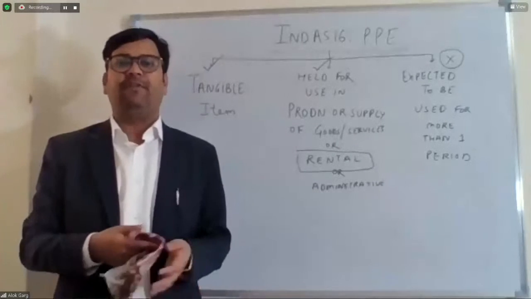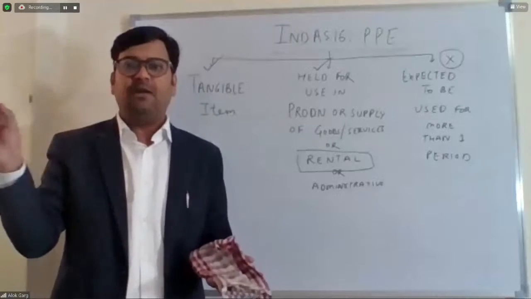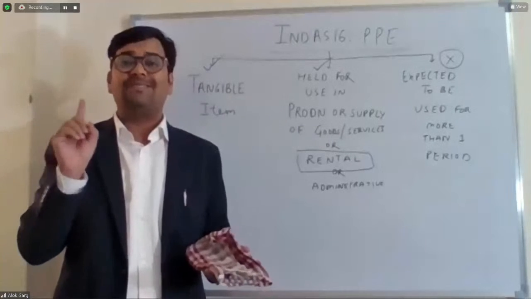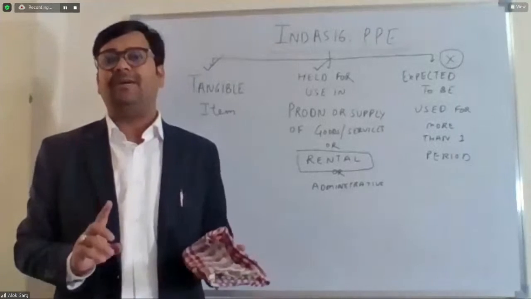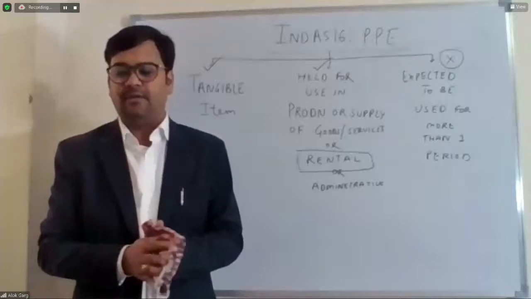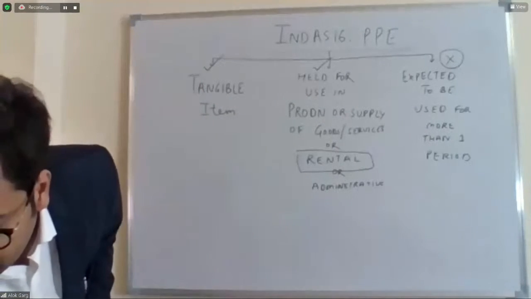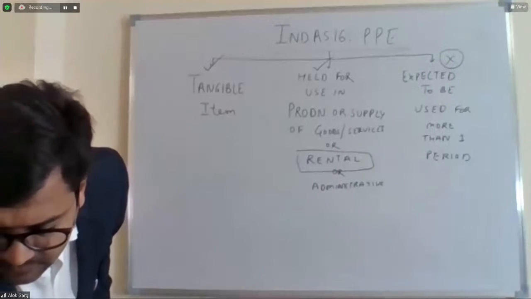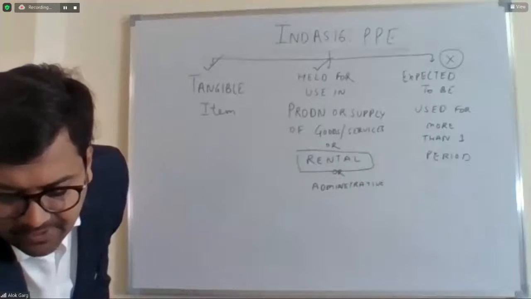When I say the page number or the question number, I am referring to the study material published or reprinted in August 2019. Yes, the revised edition is August 19, the reprint is February 20.